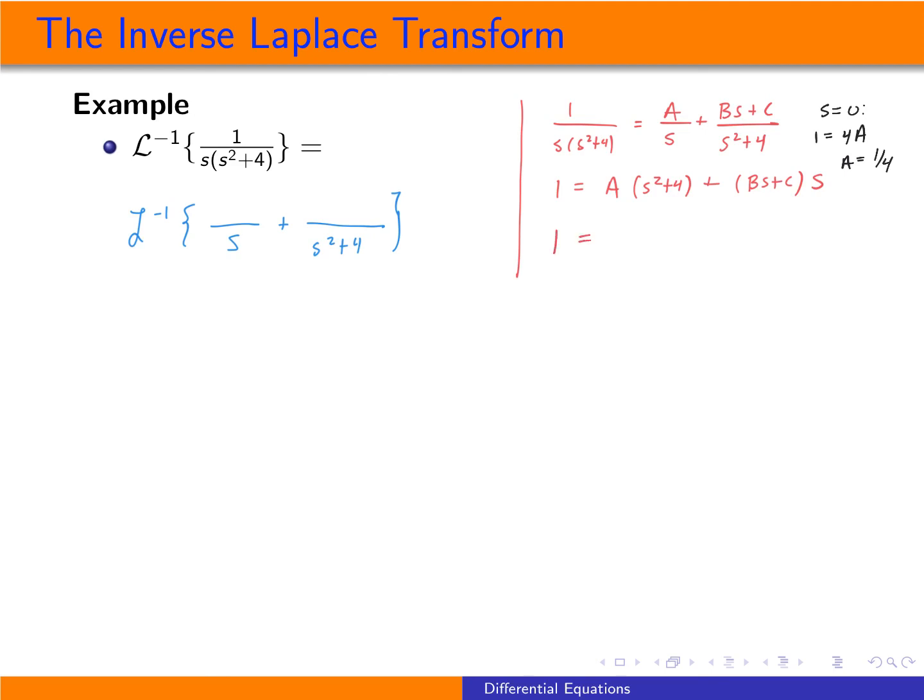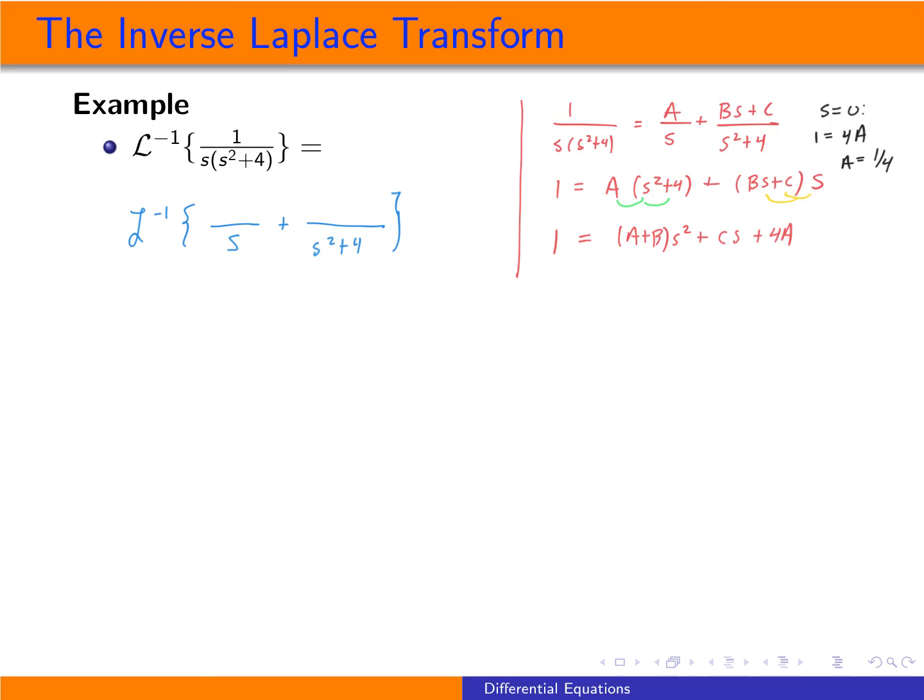To solve for the other two, we need to expand everything out and equate like terms. So if we imagined distributing out the a, distributing the s, and combining terms, we have (a plus b) s squared plus cs plus 4a.